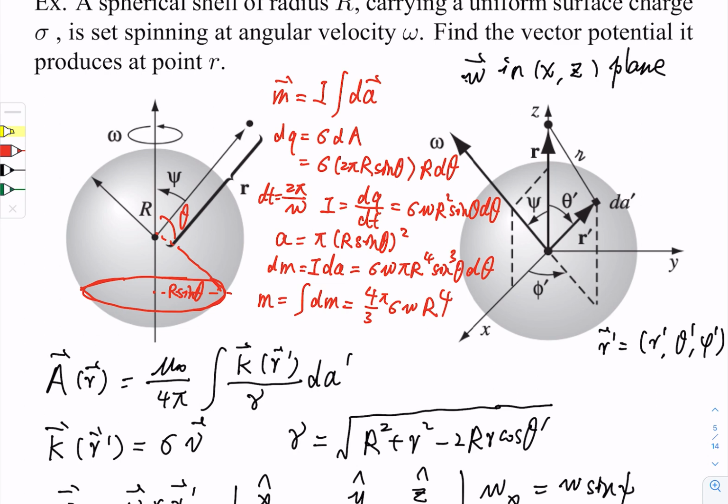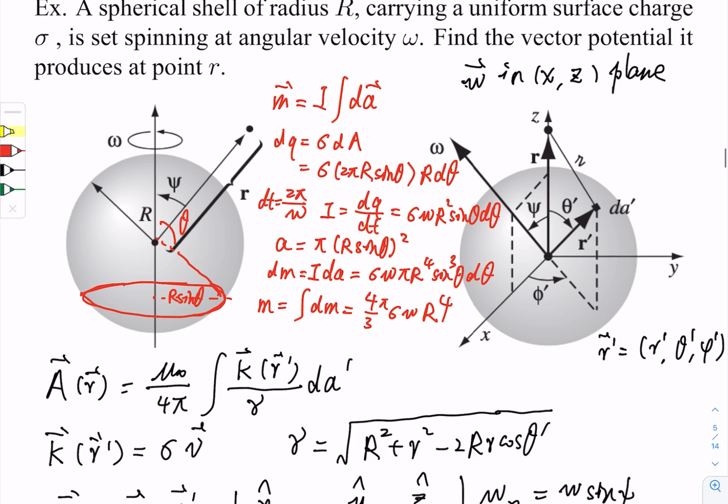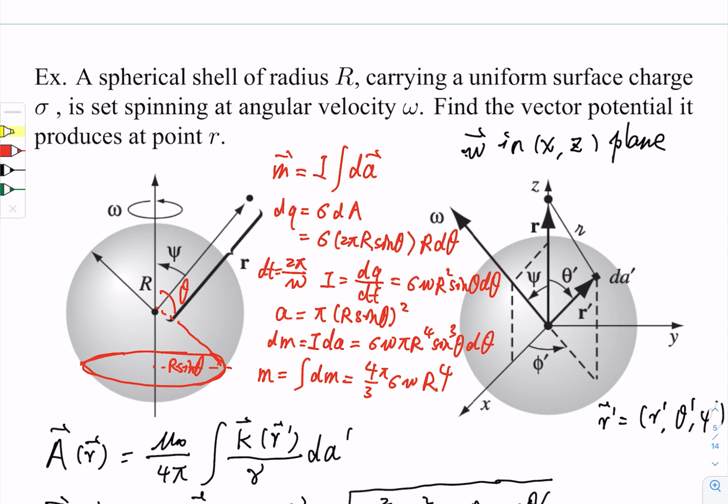So you can try to figure out the derivation on this example by yourself. You are supposed to be able to calculate the magnetic dipole for a given current distribution like this, and then from the magnetic dipole you can get the far field expression using the multipole expansion.